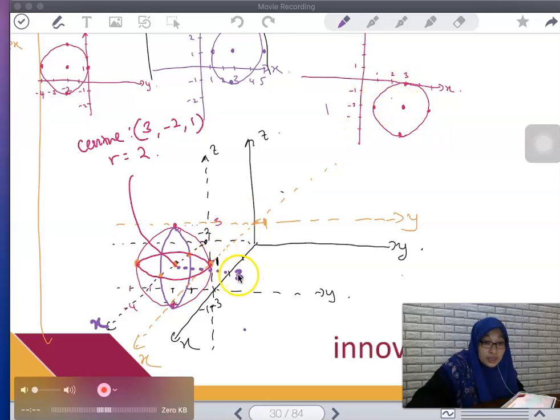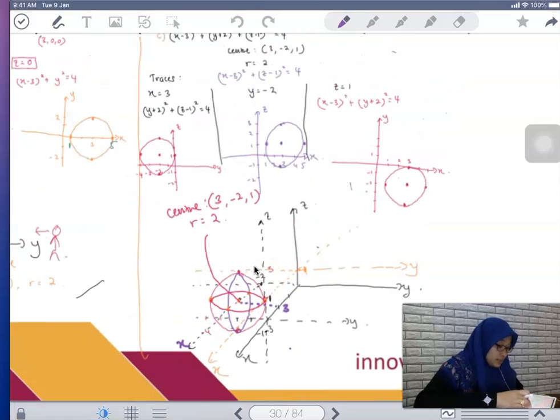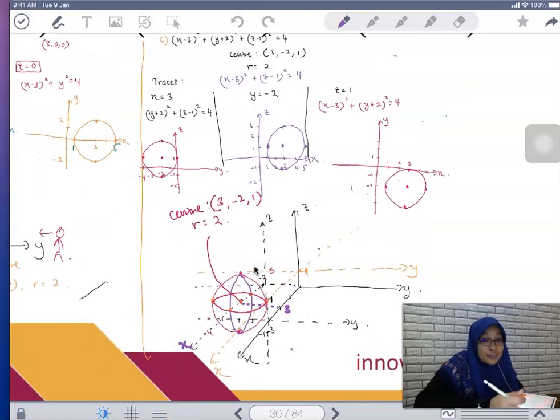So you can see here, this is the x-axis, so x is 3, and then y is minus 2. That is the center of this one, down here on the y-axis. Again, if you are still confused, please rewatch and resketch.